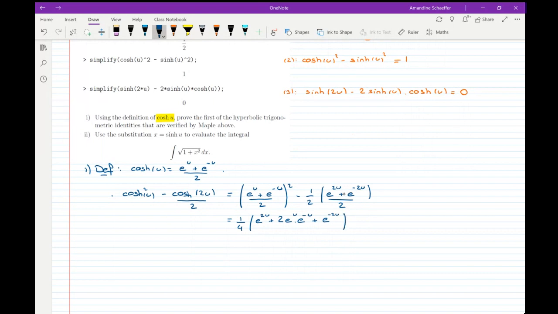That's for the first term. Second one, I still have 1/4, and there's nothing I can do about it: exponential 2u plus exponential minus 2u.